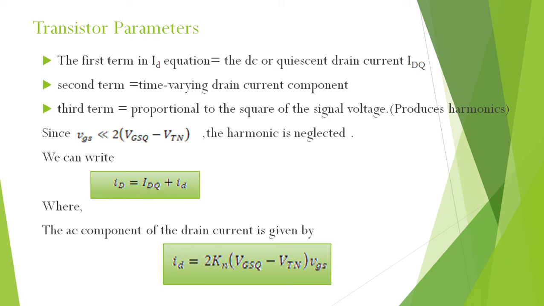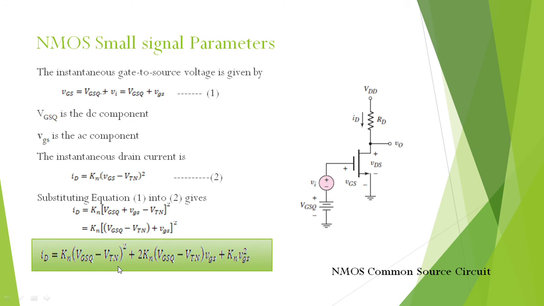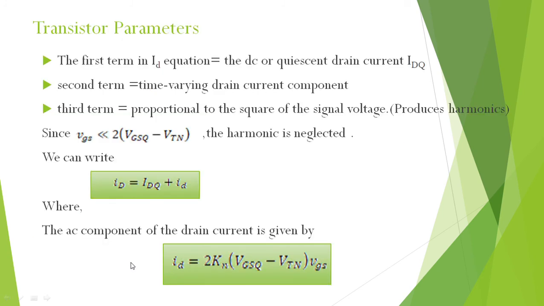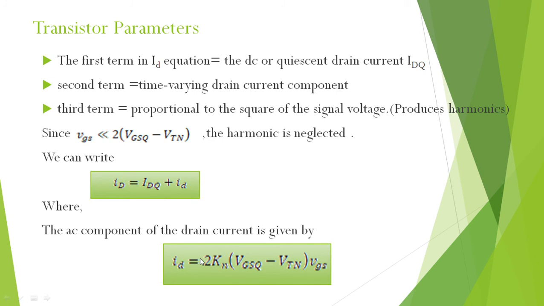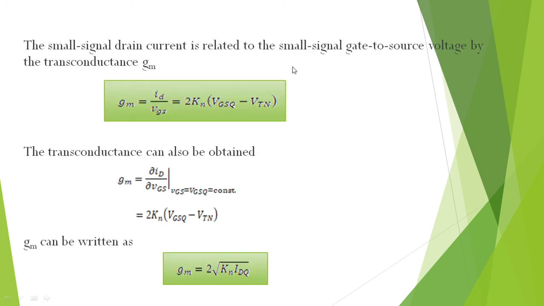We can separately write this equation, where IDQ is equal to Kn into VGSQ minus Vtn the whole square, and small id is equal to 2 into Kn into VGSQ minus Vtn into vgs. From this drain current, we are going to derive the first small signal parameter of a MOSFET, the transconductance gm. The small signal drain current related to the small signal vgs gives the transconductance gm.